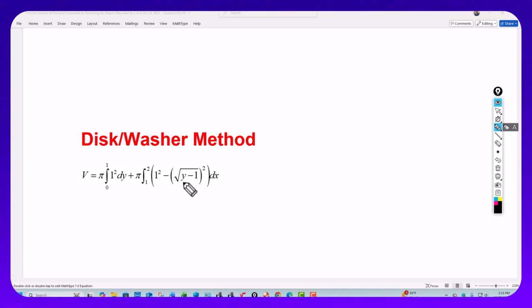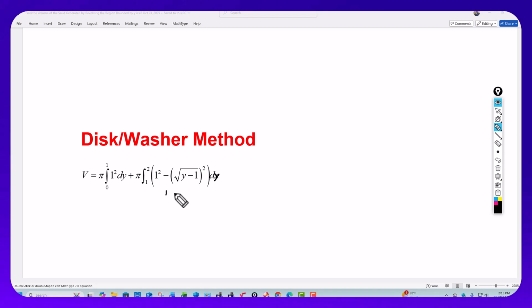minus, and this again, this x, but this is with respect to y here. Integration is with respect to y, so this should be a y here, dy. Then you just square this out, square this, you get 1 minus y. So this comes out to 1 here.